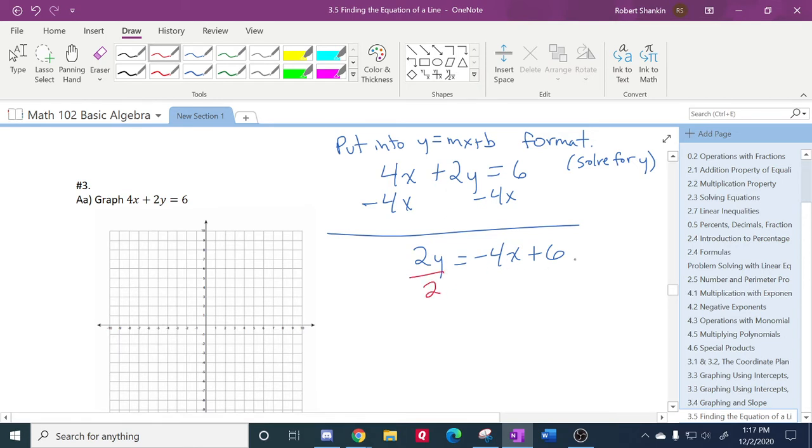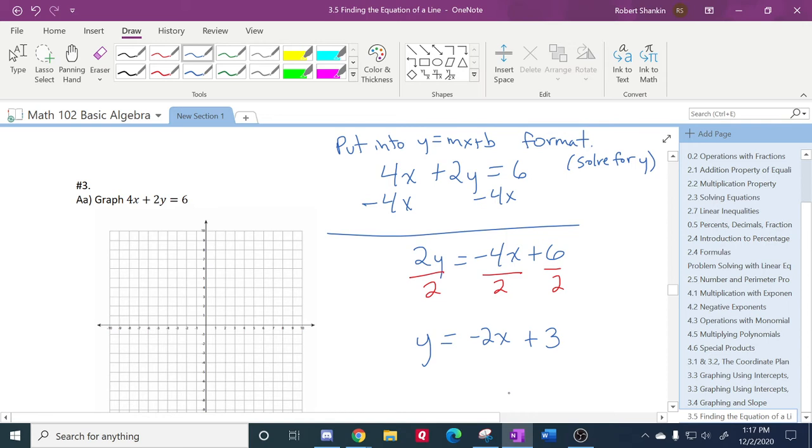I could put a giant fraction over 2, but the format is supposed to be something times x plus b. So instead of a giant fraction bar, you do 1 over each term. y equals negative 2x plus 3.